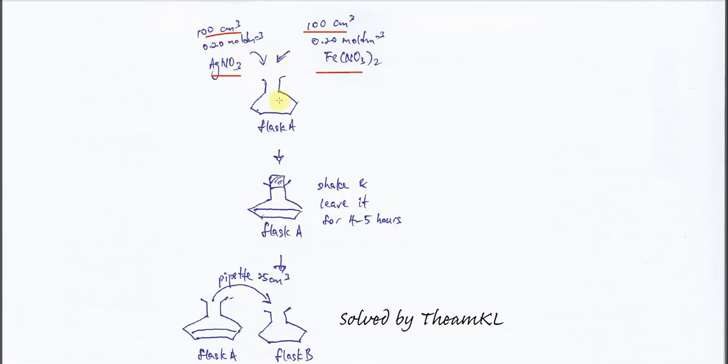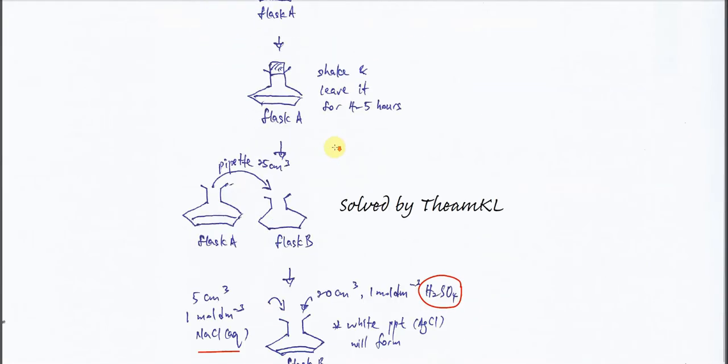When we mix these two solutions together, the total volume is 200. The concentration of these two ions will be halved, because the volume is now double. So both will become 0.1.